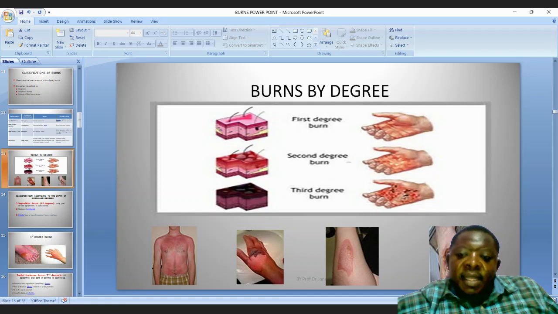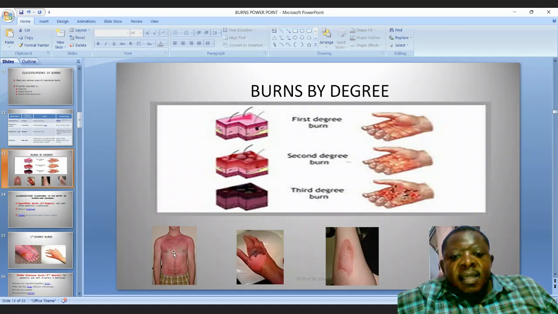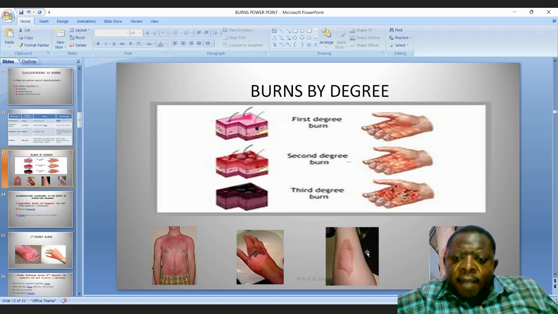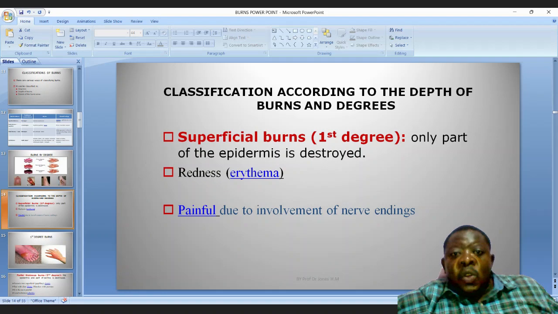We have examples here, burns according to degree, burns coming from sand burns, then we have burns affecting the superficial part here, and burns here again that are also affecting the superficial part, and then the other part here shows what deeper third degree burns would look like.